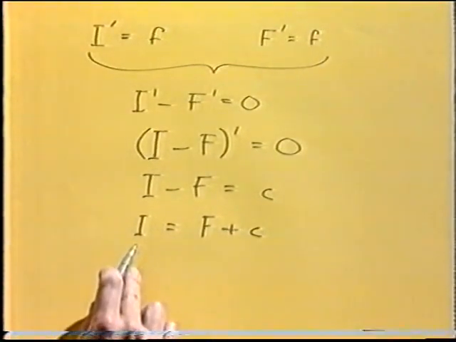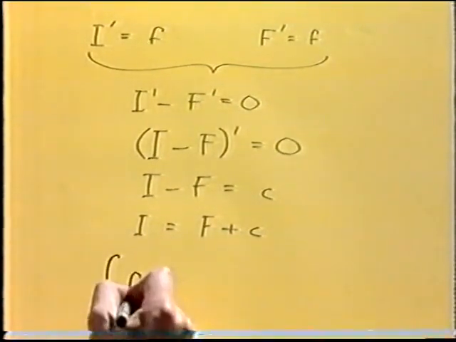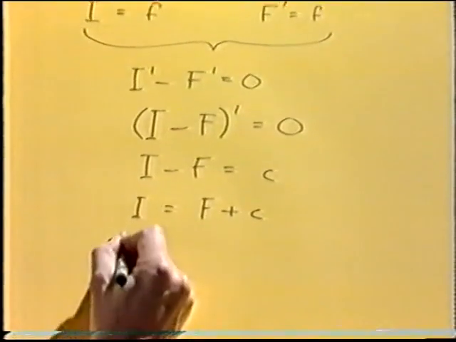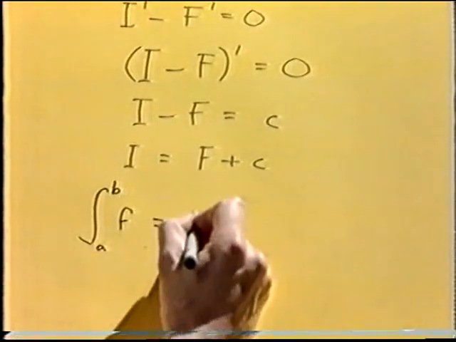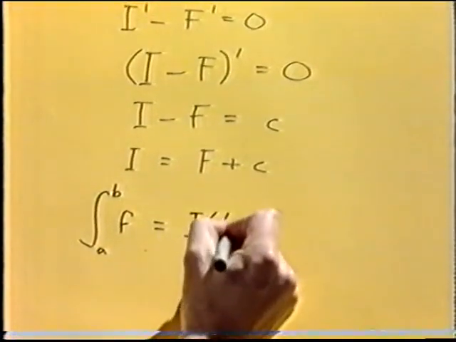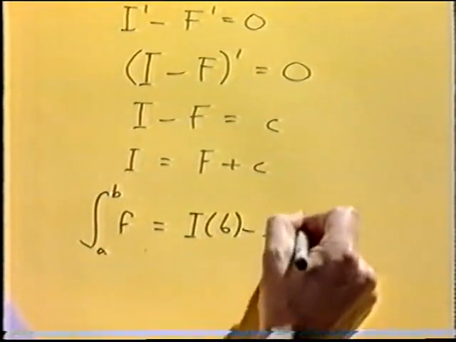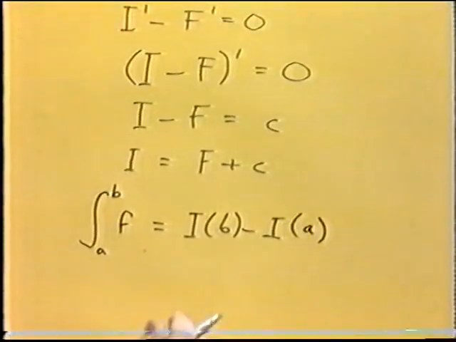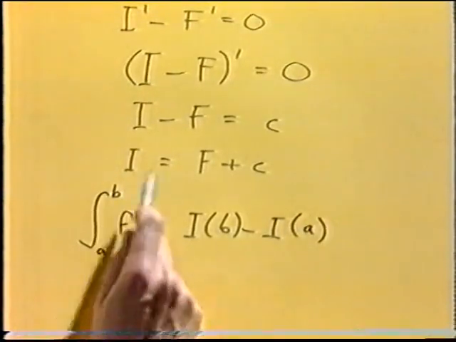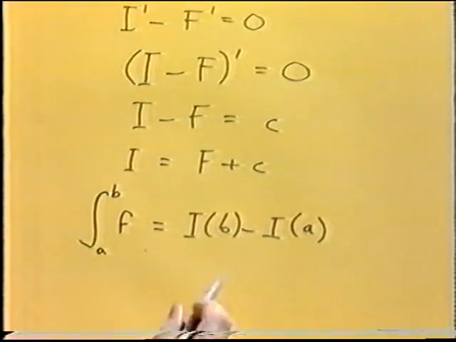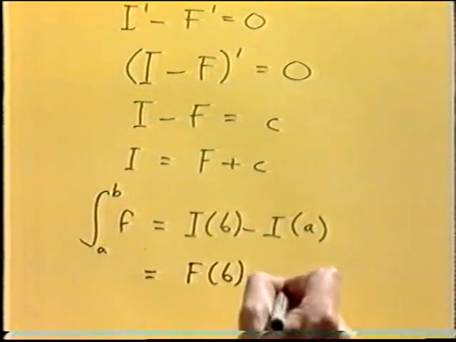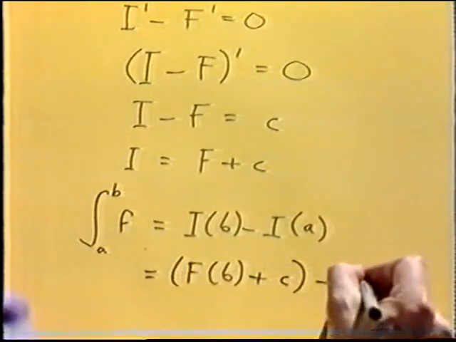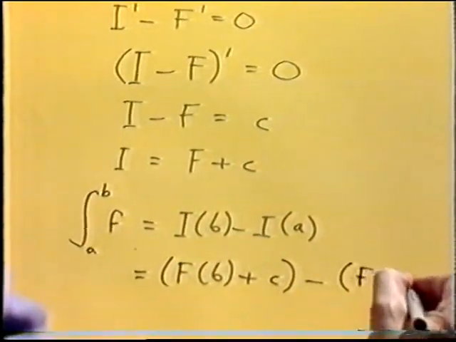What happens if we try to find the integral of f between a and b in terms of big F? Well, we've already got this from the definition of I. And I is equal to F plus c, so if we substitute for I, we get this, F plus c minus F plus c.